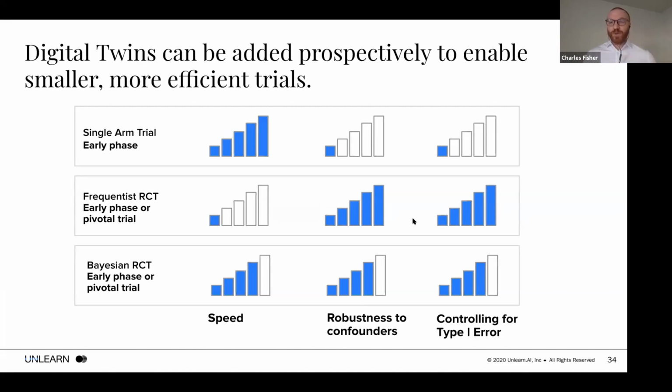That is way more efficient than a standard one-to-one randomized controlled trial. By incorporating these predictions of what would likely happen to a patient if they were to receive a placebo, adding that information about each individual patient is a powerful method for making these clinical trials much better and much more efficient.